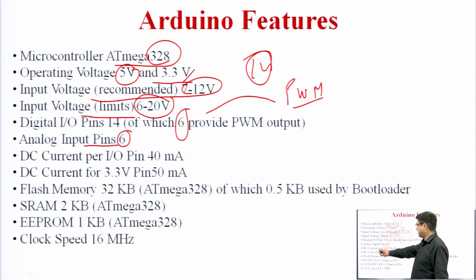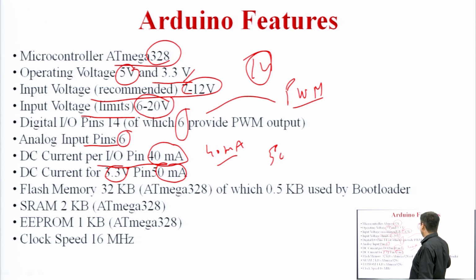DC current per input output pin: one input output pin has a DC current consumption of 40 milliampere. The DC current for the 3.3 volt pin is 50 milliampere.